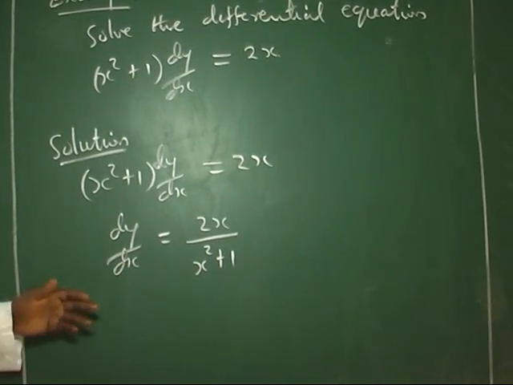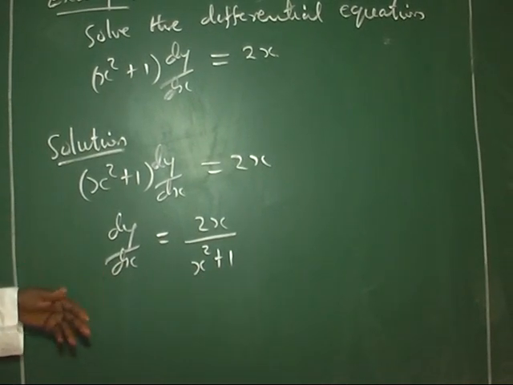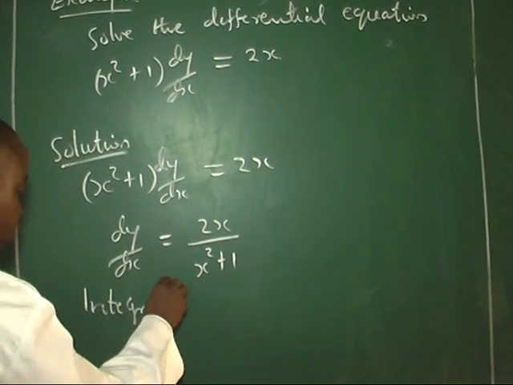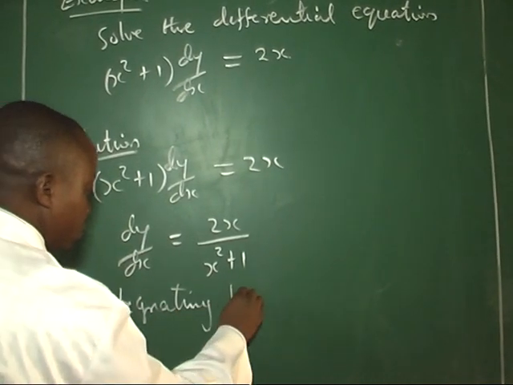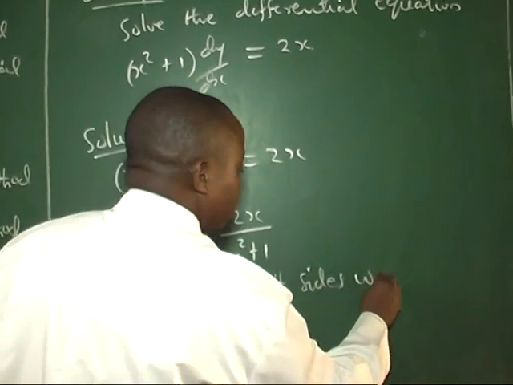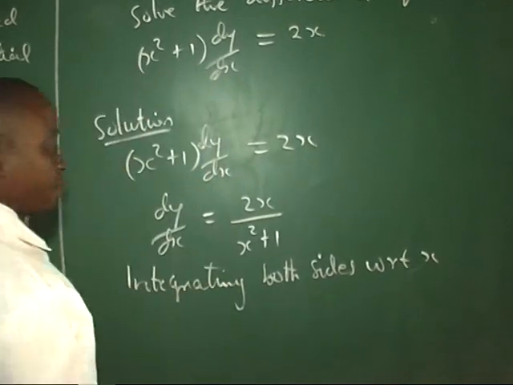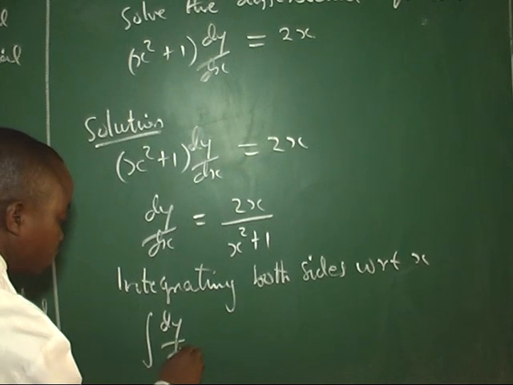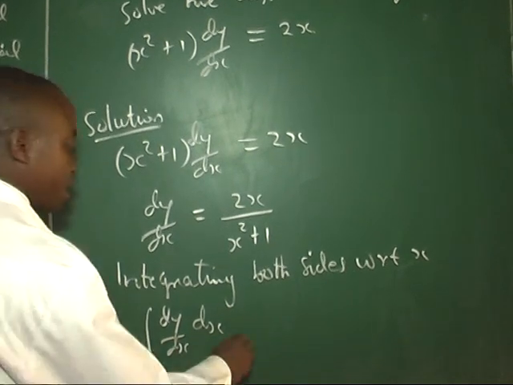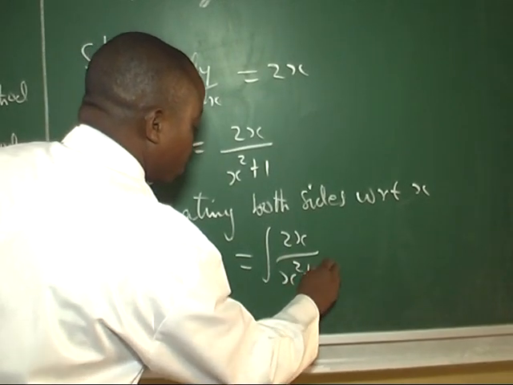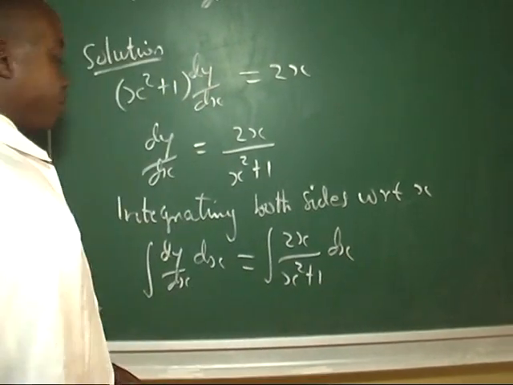And as it is, we can integrate it directly. So integrating both sides with respect to x, we'll have integral dy/dx dx is equal to integral 2x over x squared plus 1 dx.